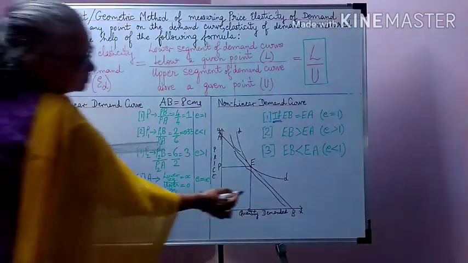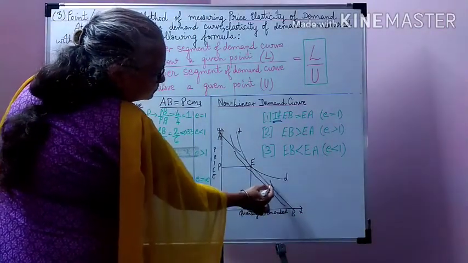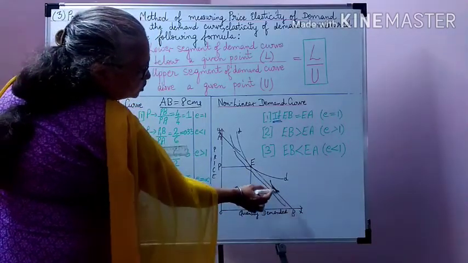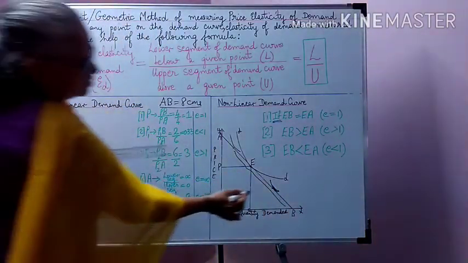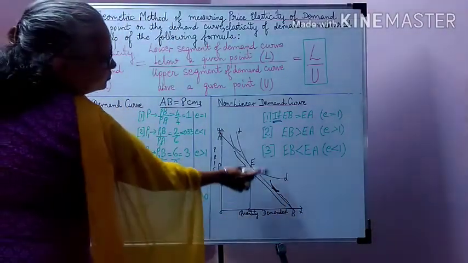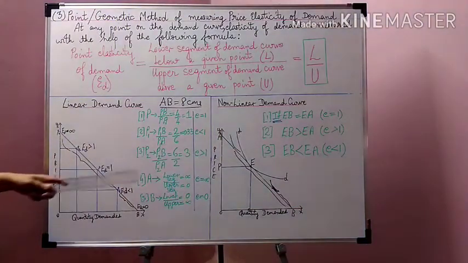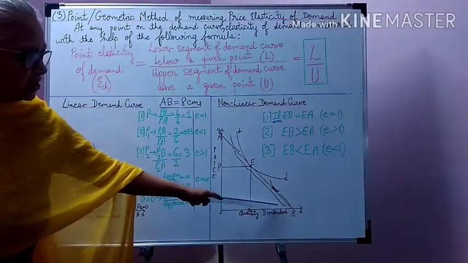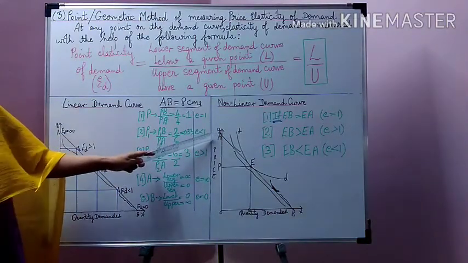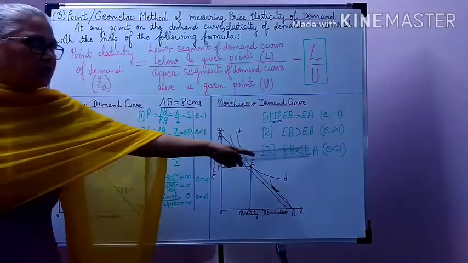Suppose you have over here the curve. You draw one tangent over here, then this will be your lower part and this will be your upper part. So, if EB is less than EA, it will be E less than 1.